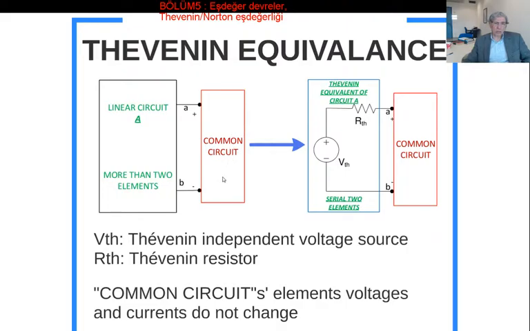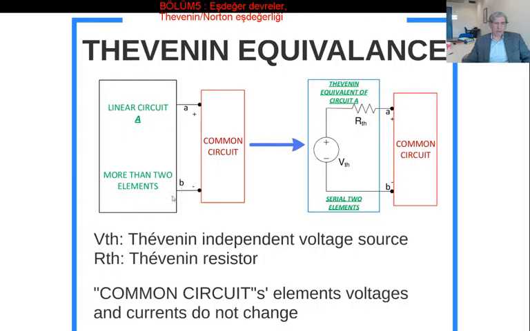If it is a circuit, that is the cascade circuit which is connected to the linear circuit A here. What we are saying is this: if the linear circuit equivalence is the Thevenin equivalent, then all the currents and voltages in this common circuit will be the same.